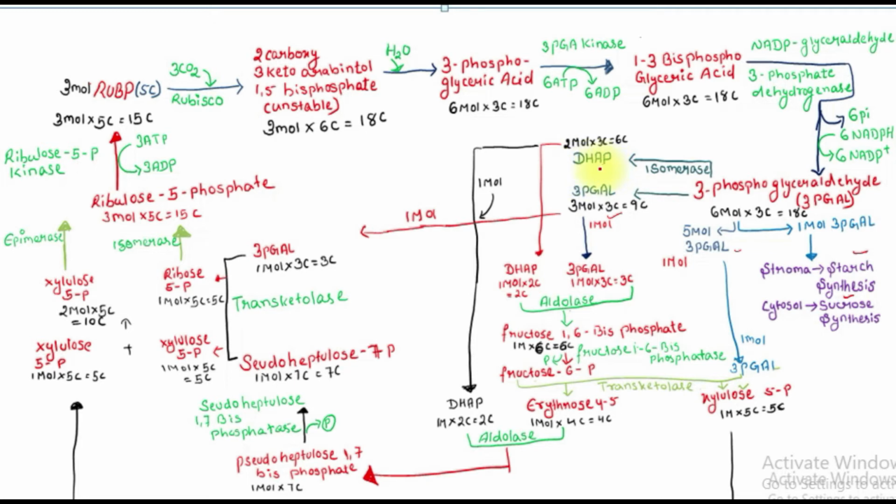DHAP is an isomer of 3-phosphoglyceraldehyde. For this, we need an enzyme known as isomerase. So, we have here 2 molecules of DHAP and 3 molecules of 3-PGAL. From here, we will take 1 molecule of DHAP and 1 molecule of 3-PGAL, and in presence of the enzyme aldolase, it will be converted into fructose 1,6-bisphosphate.